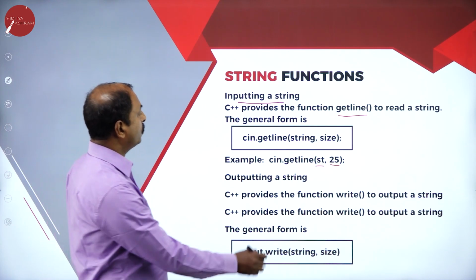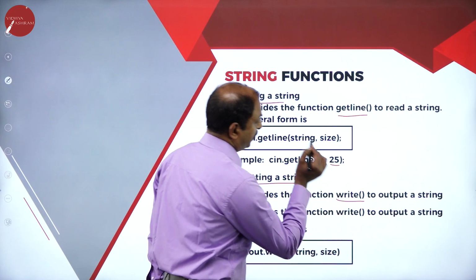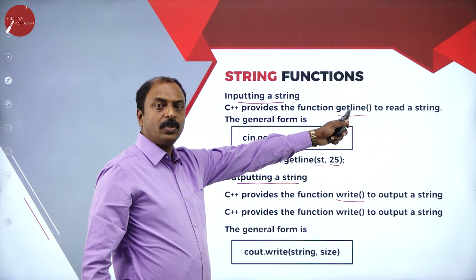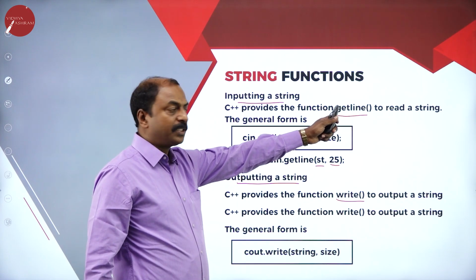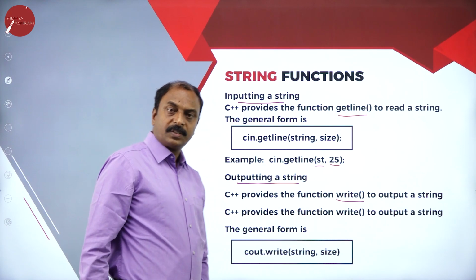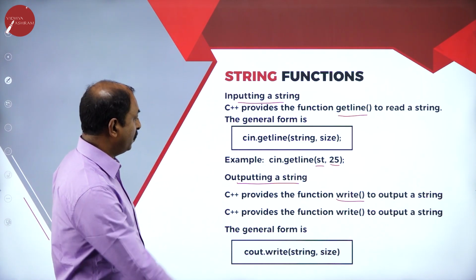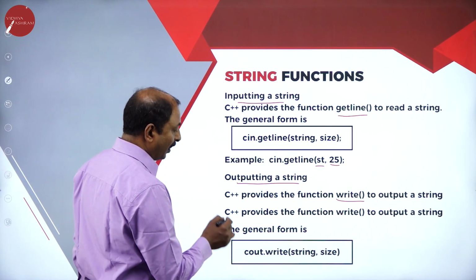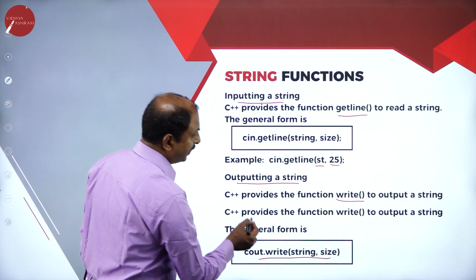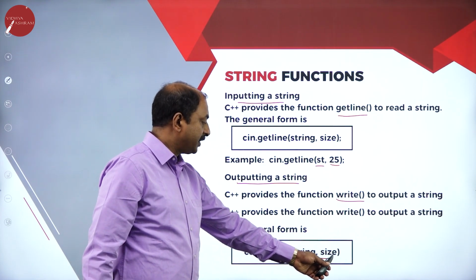Now again, how do we output a string? Here we are using the write function. The getline function reads a string from the standard input device, and write is a function to display a result through output devices. The general form is cout.write(string, size).